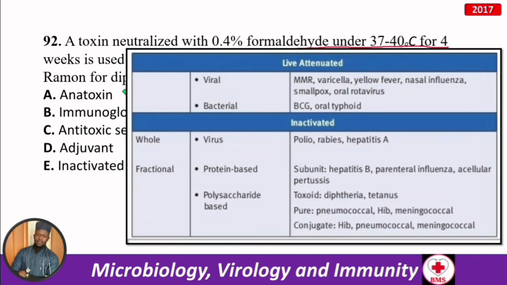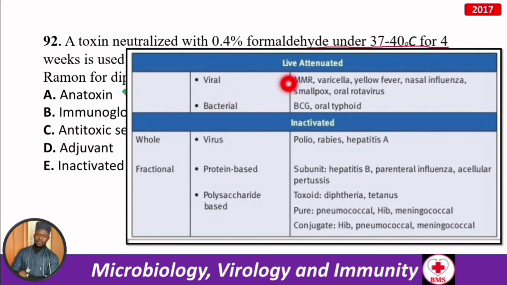Okay, on this slide, I found it on Kaplan. It's not in one of my videos, but it's a classification of vaccines. You have two groups here: live attenuated vaccines and inactivated vaccines. In live attenuated vaccines, we have viral and bacterial.